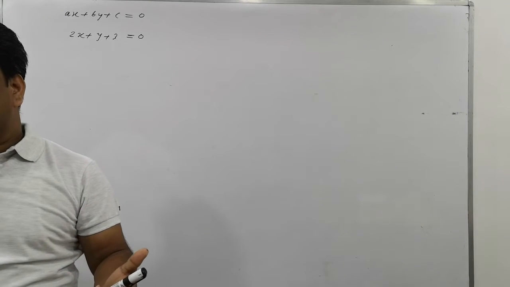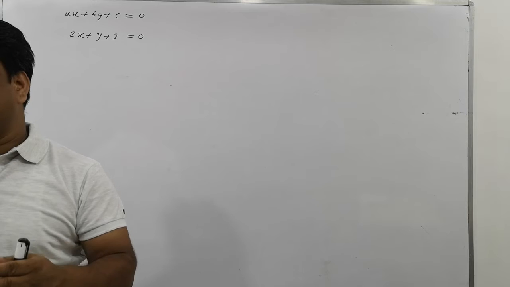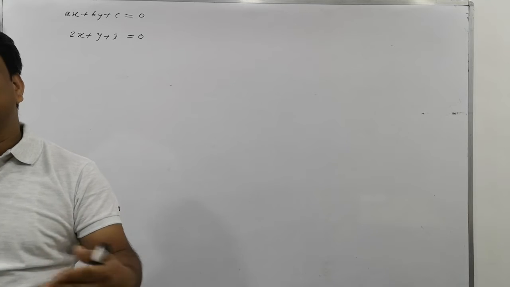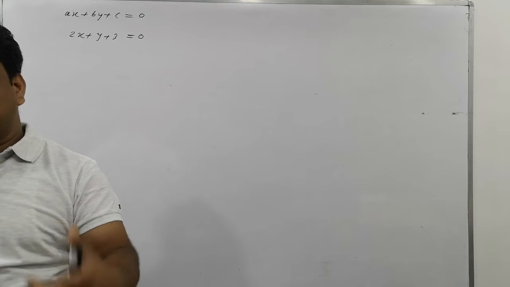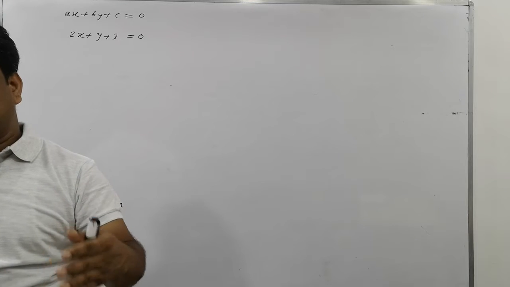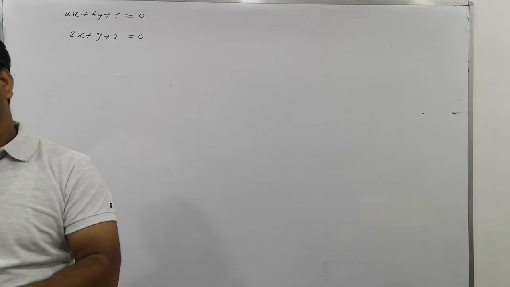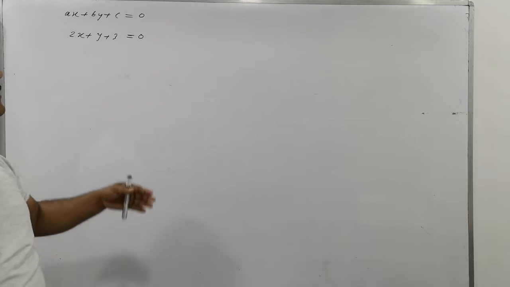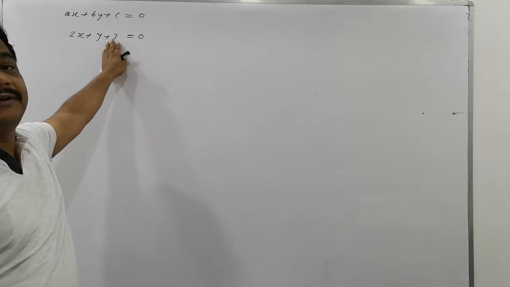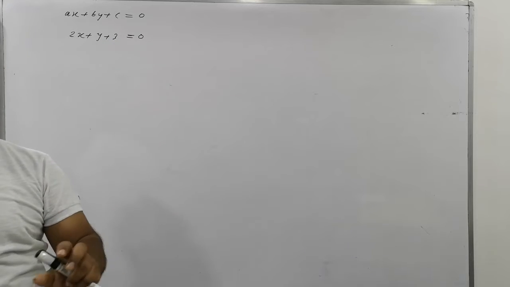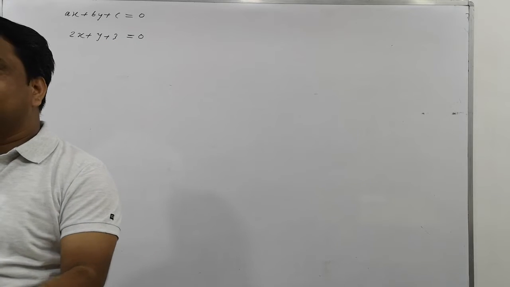Solution means those sets of values of x and y which, when put on the left hand side of the equation, give the right hand side. Left hand side, we put the values of x and y, and after solving we obtain 0.